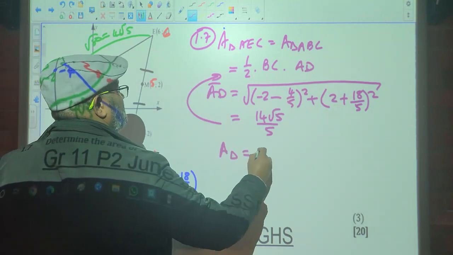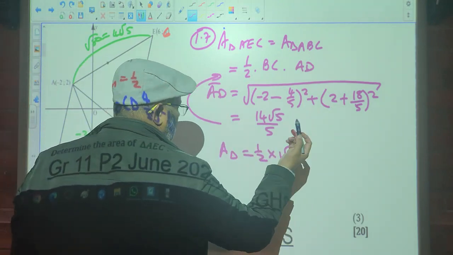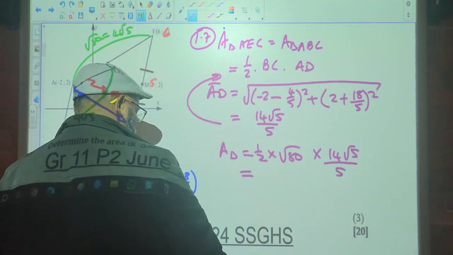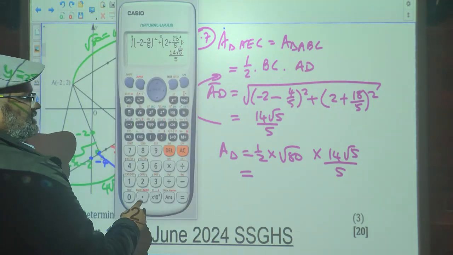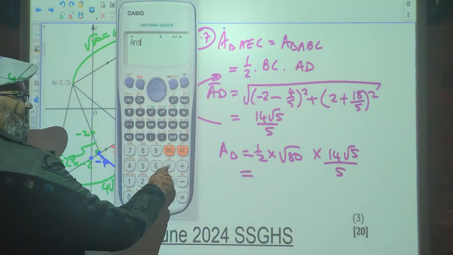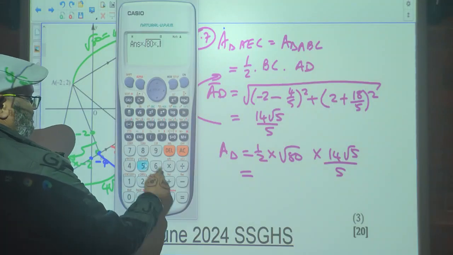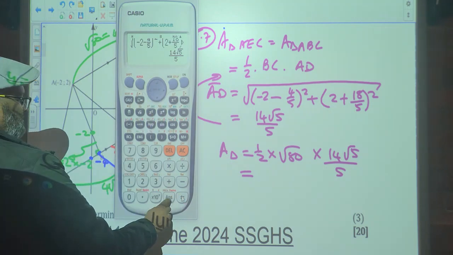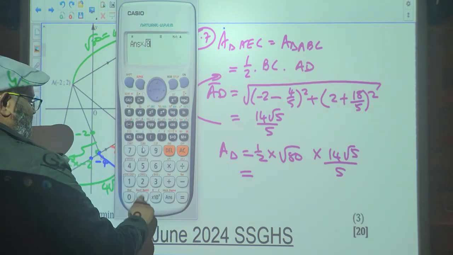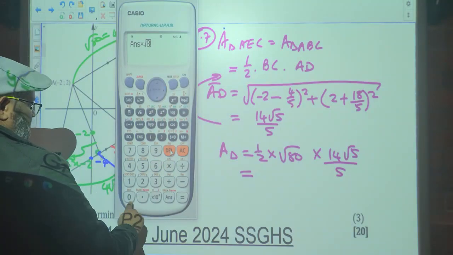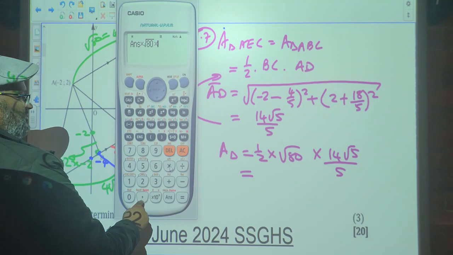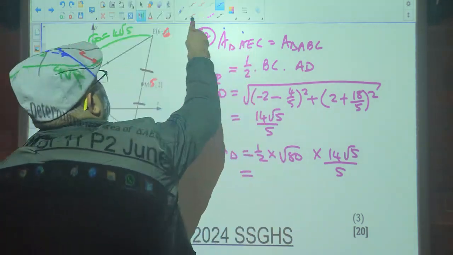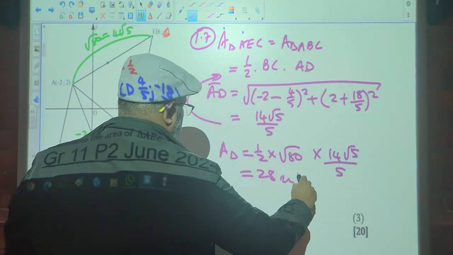So area of the triangle is equal to half BC, which is the root of 80 or 4 root 5, times 14 root 5 over 5. Which is simply that answer multiplied by root 80 multiplied by half. Answer times root 80 multiplied by half, which gives 28. I'm sure there's another way of doing it.